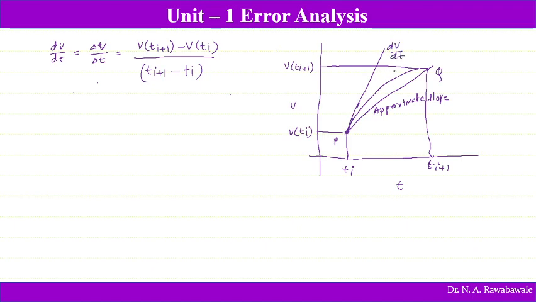So this is the mathematically obtained slope, but practically the slope is something different. Between these two slopes, this is slope 1 and this is slope 2. The actual or true slope is slope 2 and the approximate slope is slope 1. The difference between these two is nothing but the truncation error. We call it a truncation error.